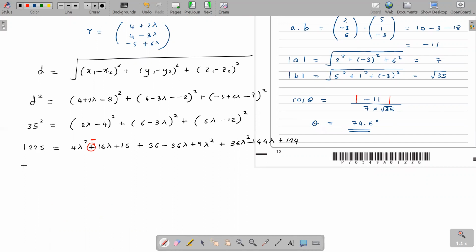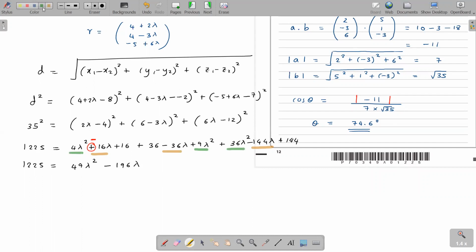Can you all simplify and tell me what I get here? 1225 equals. Can you all add all the lambda squared values here? 4 lambda squared plus 9 lambda squared plus 36 lambda squared is 49 lambda squared. Can you all add all the lambda values? Minus 16 lambda, minus 36 lambda, minus 144 lambda is minus 196 lambda.